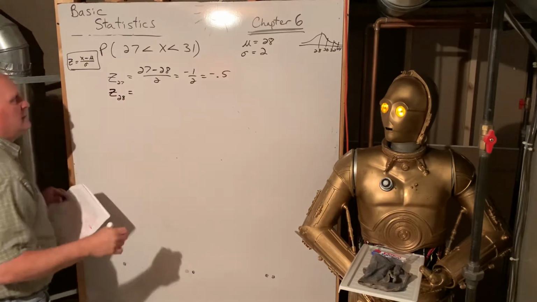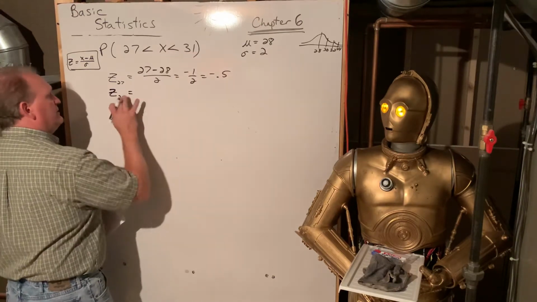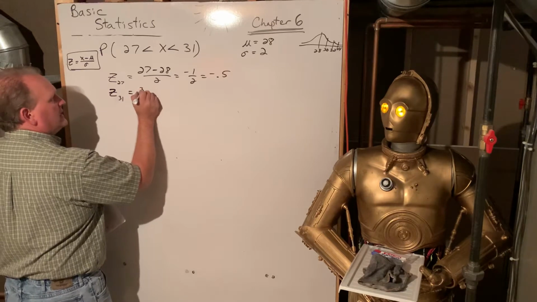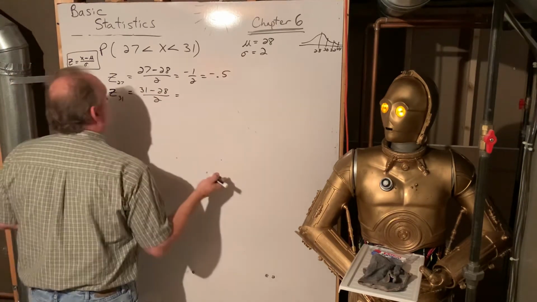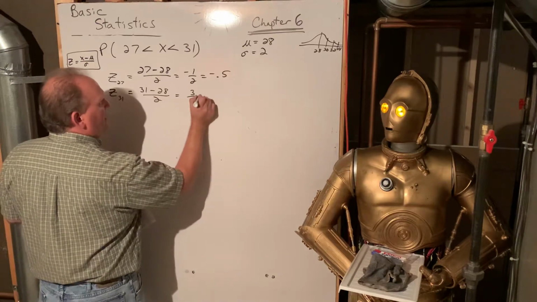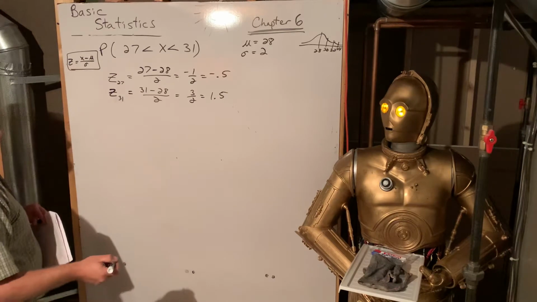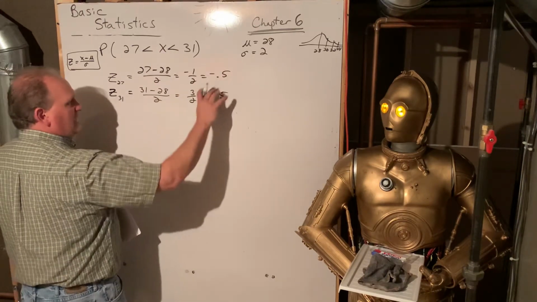Now z sub 31. Oh no, I'm sorry, not 28, 31. So we got 31 minus 28 divided by 2. What is that? 3/2, 1.5. All right, and now we've converted these from raw data into standardized z-scores.